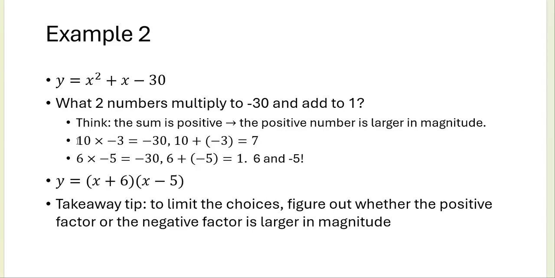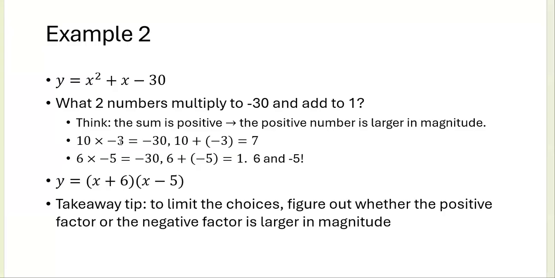If you flip the sign to negative 10 and positive 3, the sum would be negative 7, which is not the right sign. So again, I'm emphasizing that we can limit the choices if we figure out that since this is positive, the sum of those two numbers must be positive. So the positive number must be bigger in magnitude.